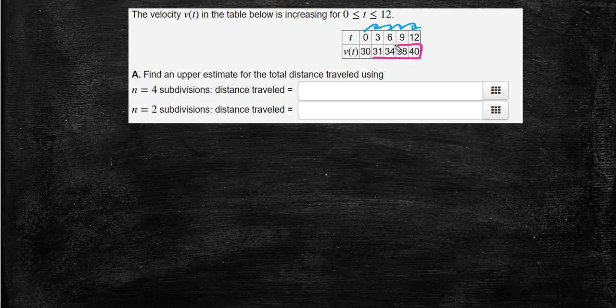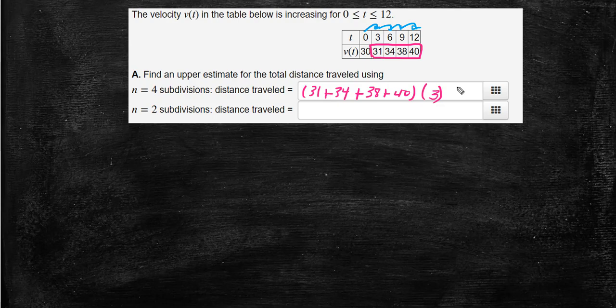So an upper estimate is just the larger of the values. So you would take these values, 31 plus 34 plus 38 plus 40. Remember, those are the heights of your rectangles, and you multiply it by the width, which is 0, 3, 6, 9, 12, so times 3.